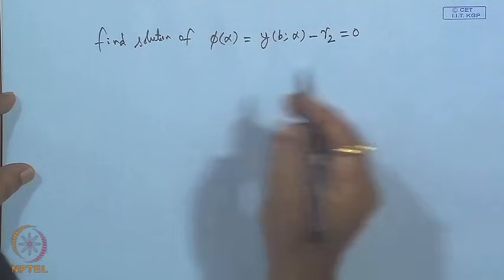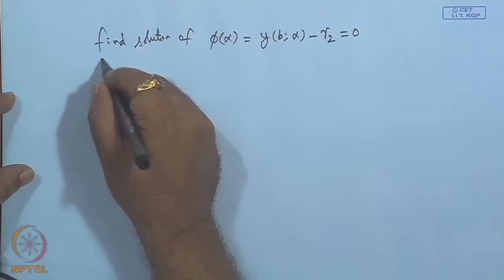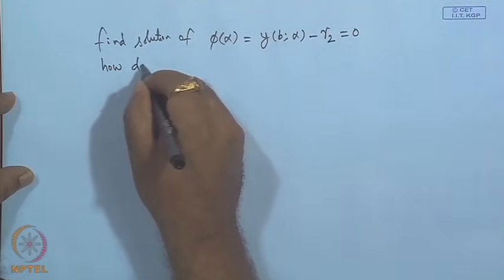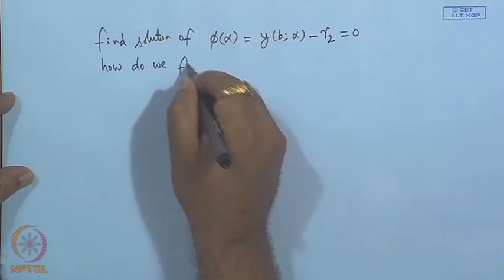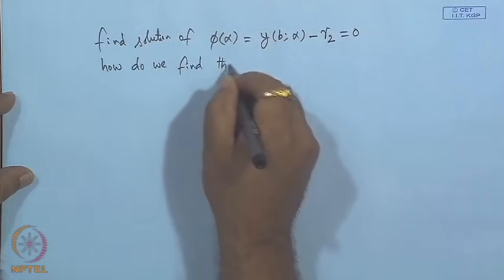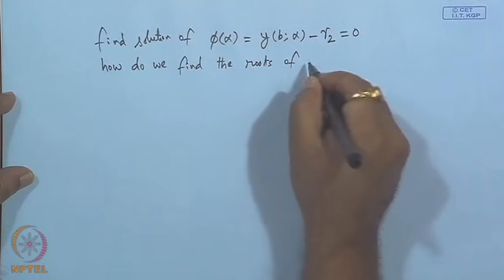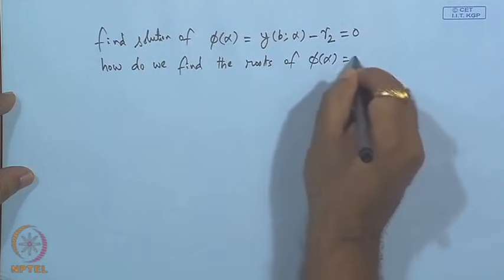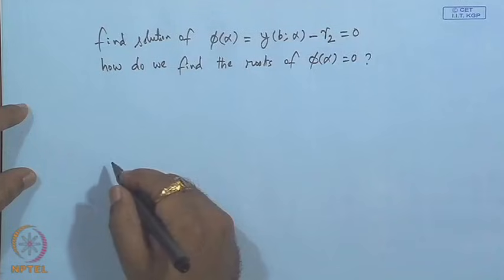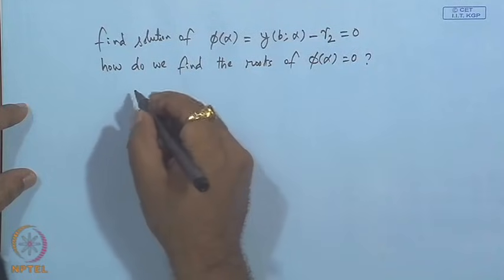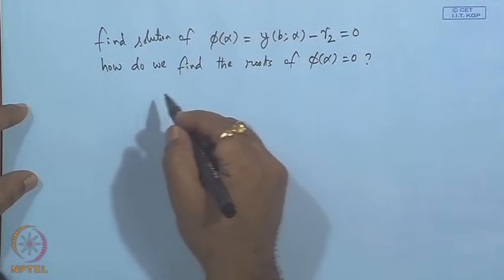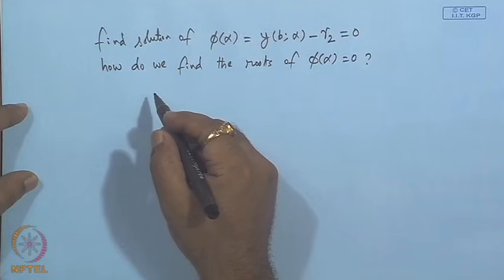So, how do we find the roots of phi of alpha equals 0? We have learnt several methods. Can you name some of them?